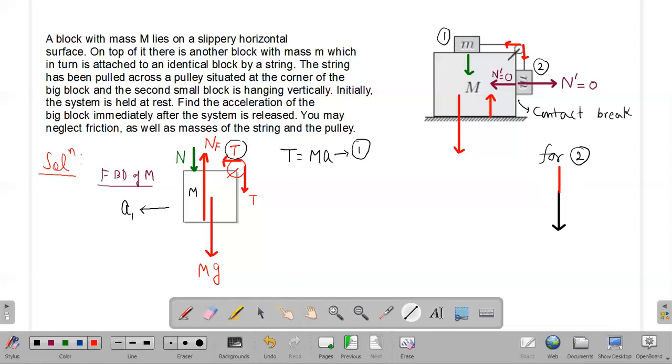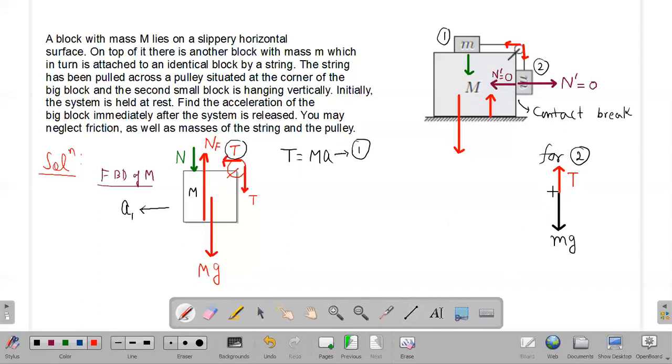Only these two forces will be present on this mass number 2 in the reference frame attached to the ground. So in a reference frame attached to the ground, this mass small m will have a force mg in the downward direction and also a tension force T in the upward direction.